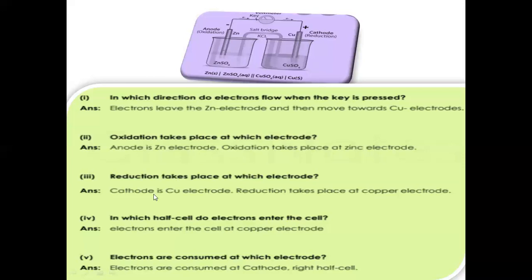Reduction takes place at the copper electrode. Electrons are consumed at which electrode? Electrons are consumed at the cathode, the right half cell, because electrons come from the anode to be utilized at the cathode.